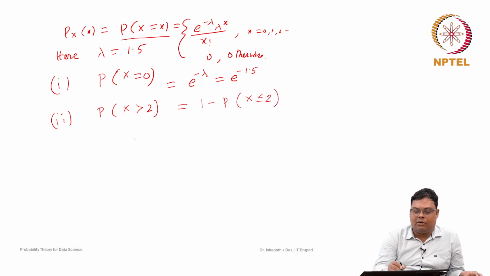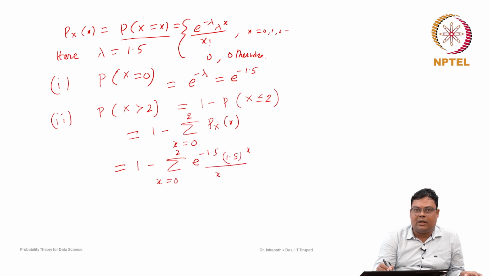So, this is equal to 1 minus the probability of x less than or equal to 2, which is 1 minus the summation of Px of x for x equal to 0 to 2. Px of x is e to the power of minus lambda, with lambda 1.5, times 1.5 to the power x by x factorial.